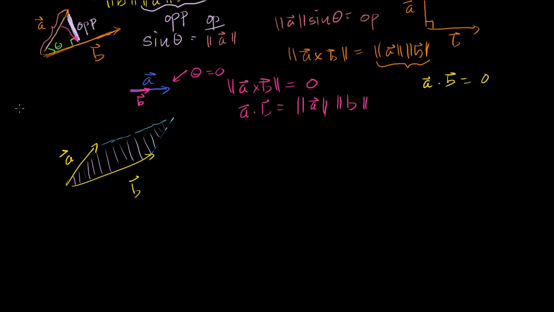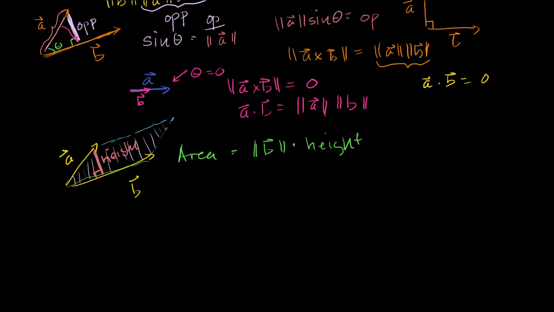Well, I would drop a perpendicular right there. If this is perpendicular and this length is h, for height, then the area of the parallelogram is just equal to the length of my base, which is just the length of vector B, times my height.